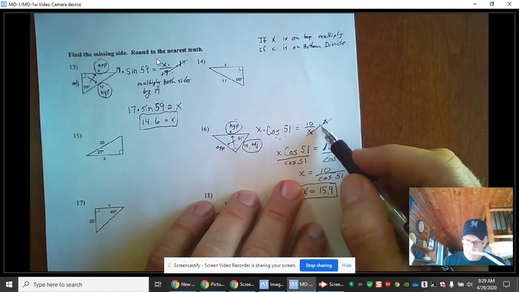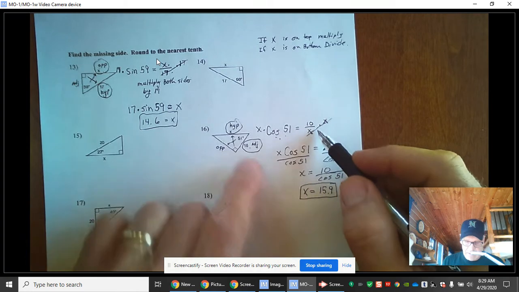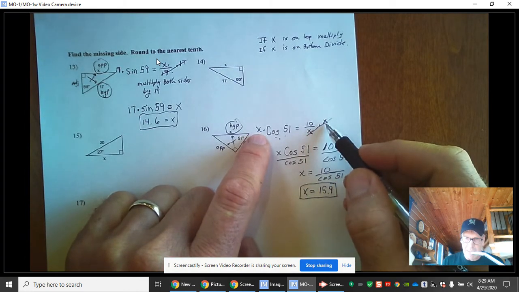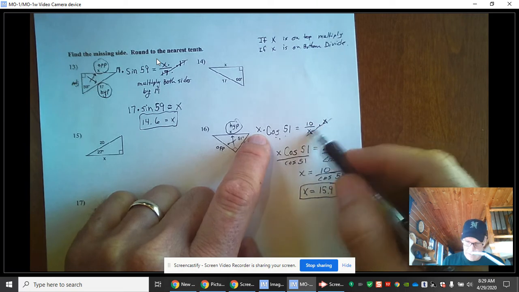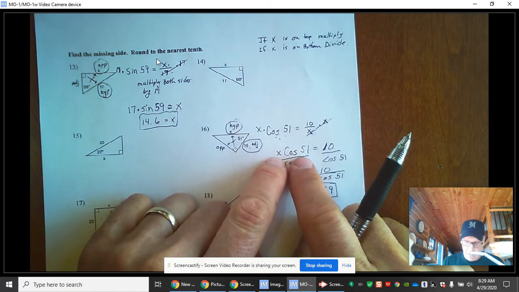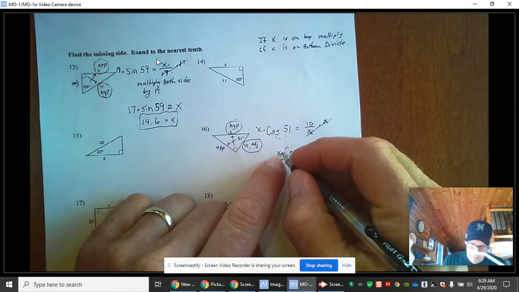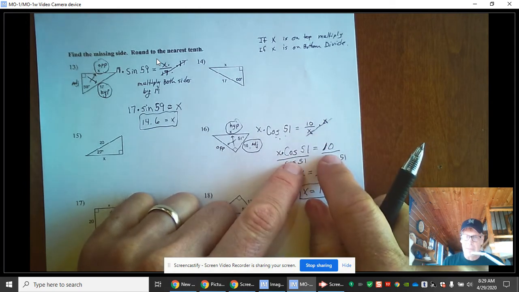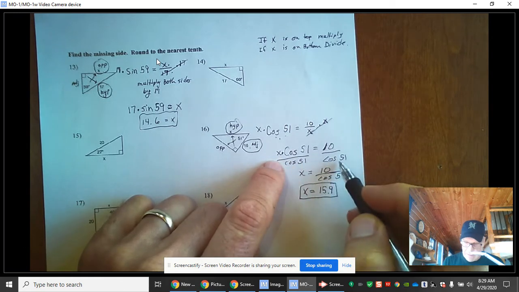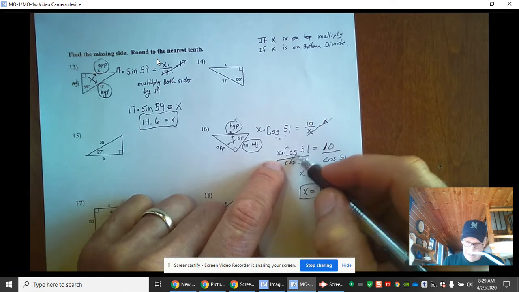So first thing I'm going to do is get the x to the other side. If they're dividing by x, I'm going to multiply both sides by x. It'll cancel out. And then you get x times the cosine of 51 is 10. Now, to isolate my x, I divide both sides by the cosine of 51. They'll cancel out.